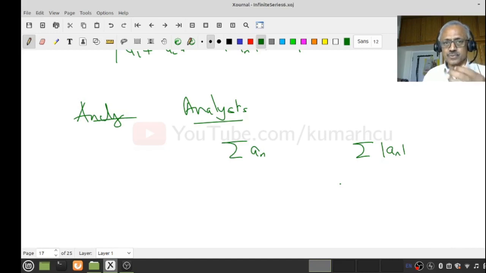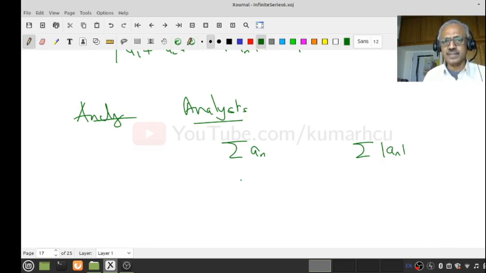So the easy tests are available for absolute convergence, that is, for an infinite series of non-negative terms. So use that. Once I know this is convergent, the original is automatically convergent. That's it. I also have an estimate in modulus for the sum. Do you follow that? This is standard.